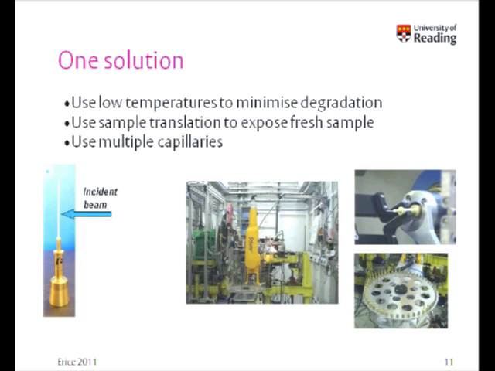We took something in the region of 30 capillaries and pre-mounted them here, and then asked the sample robot to pop the sample onto the goniometer, do the data collection, do the sample translation for each one of the capillaries, and when we'd exhausted the sample on one capillary, pull it off and put the next one on. And then the software can integrate that data for us and give us one very long data set with no risk of radiation damage. Obviously, this is sample hungry, but this was a particularly extreme example.